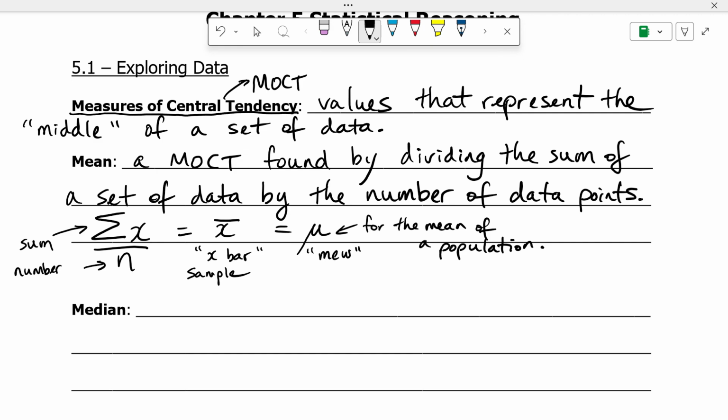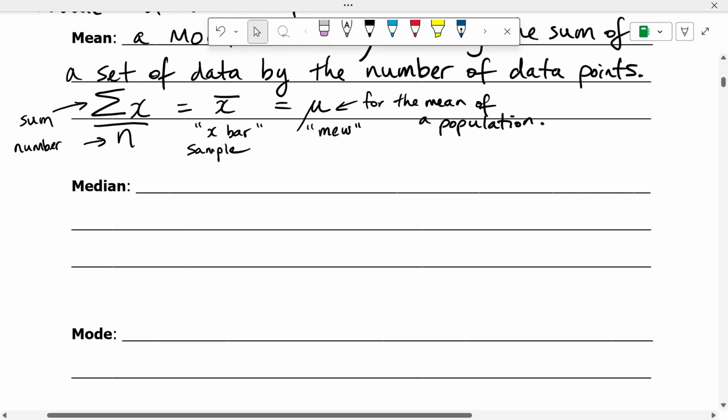A better measure would be, why don't we just list all the players in a row and pick whoever's in the middle and say that's the average salary. And that would be a median average.